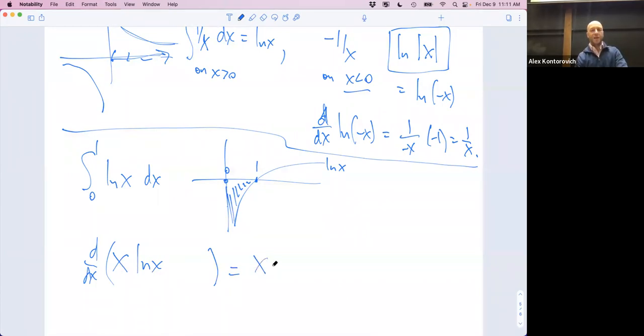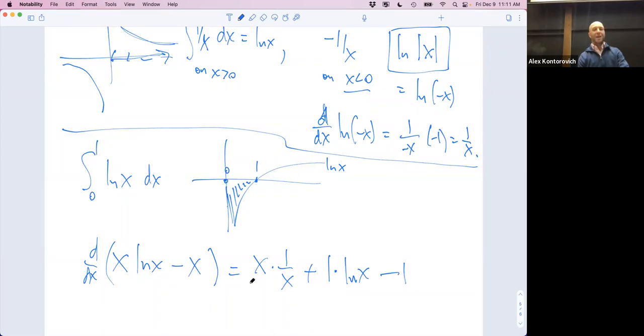The first thing times the derivative of the second thing, plus the derivative of the first thing times the second thing. I almost get ln x. I get ln of x plus 1. How do I get rid of this plus 1? I want to take 1 off of this, which means I should subtract x.